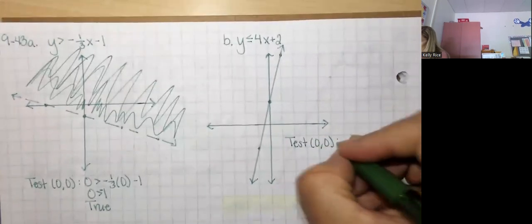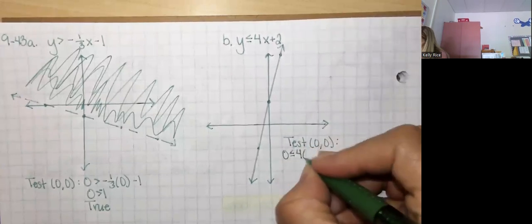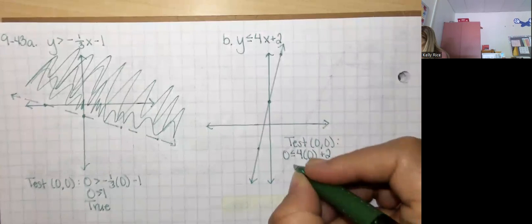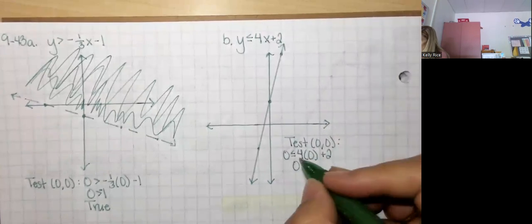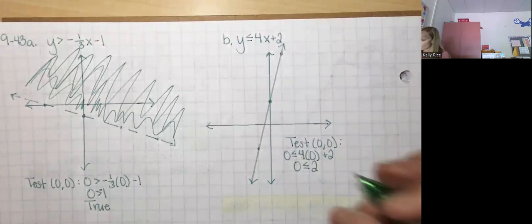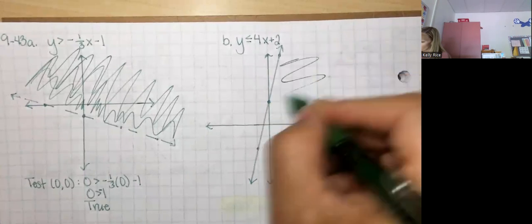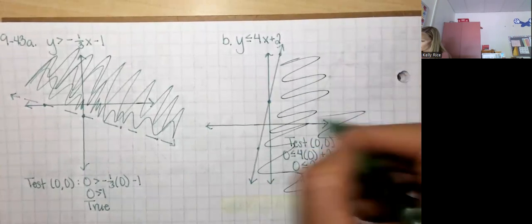So test 0, 0. 0 is less than or equal to 4 times 0 plus 2. 0 plus 2 is 2. True or false? True. That means all of this, including where I just wrote all that, is shaded.